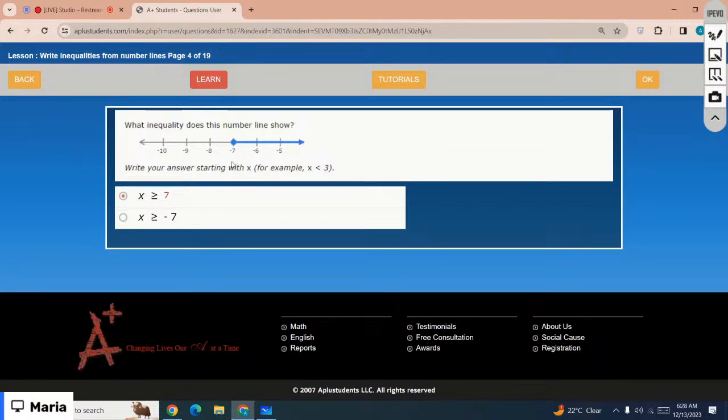Because on negative 7 you have a closed circle. Also, all the numbers are, but they are less than negative 7, no, yes, they are greater than negative 7. The correct option is the second one.